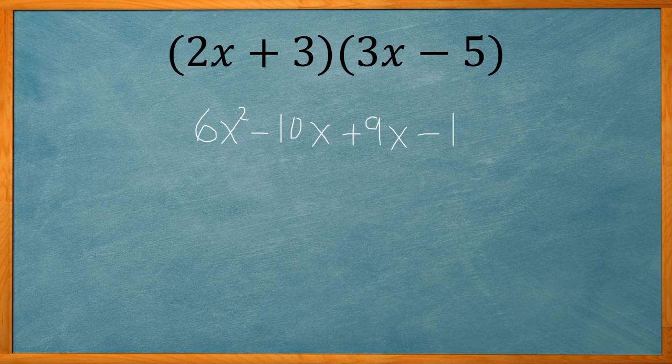Again, the middle terms, negative 10x plus 9x gives us negative 1x. And then just bring down 6x squared minus x minus 15.